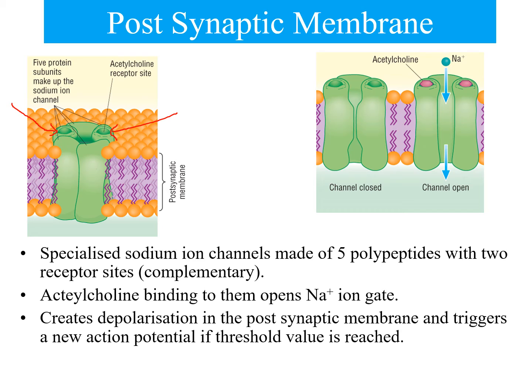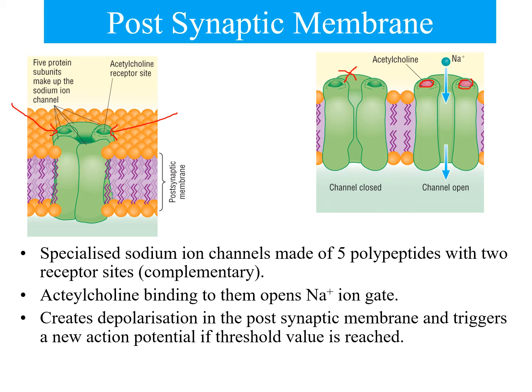Okay. Now effectively we take a cross section of this. When there is no acetylcholine in them, they remain closed, and that stops sodium being able to go in. When acetylcholine binds to those receptor sites, which have complementary shapes, that opens up the sodium ion channel, and that allows sodium to rush in.